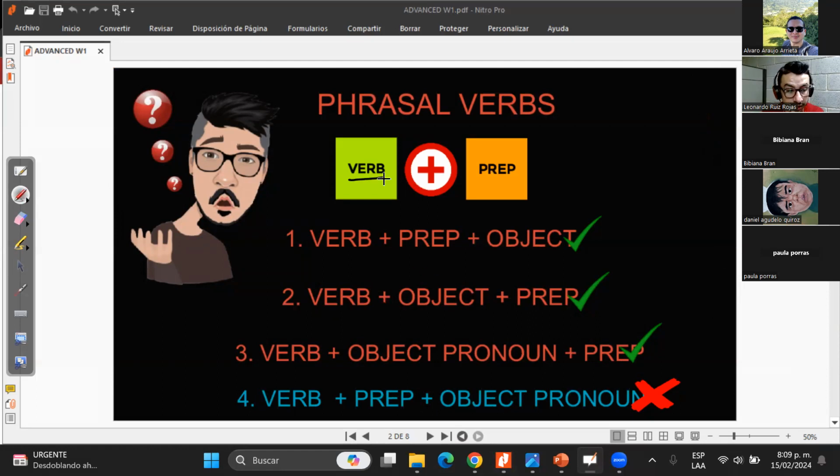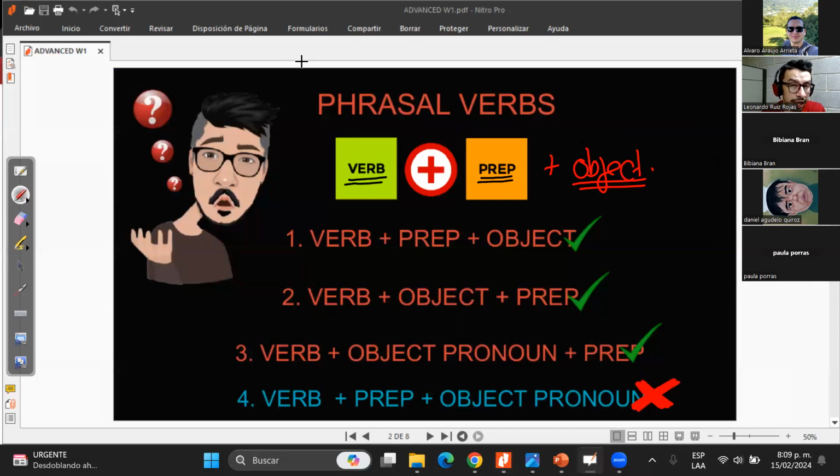We're going to have three parts. The first part is the verb: keep, drift, go, do, whatever. The second part is the preposition: up, down, apart, from, all the prepositions. And we have another part, which is the object. The object is the thing that is going to receive the action.